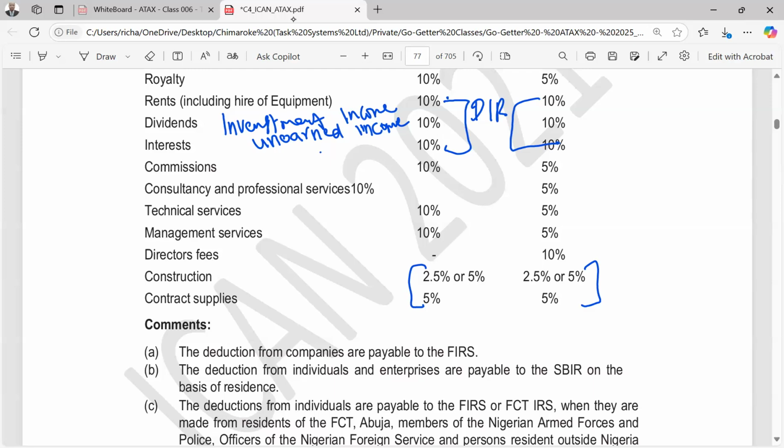But the company does not get anything here. Then construction and contracts, I call them double C. Both of them get 5%. Then every other thing, company gets 10, individual gets 5. And that's a way to remember them. All right.